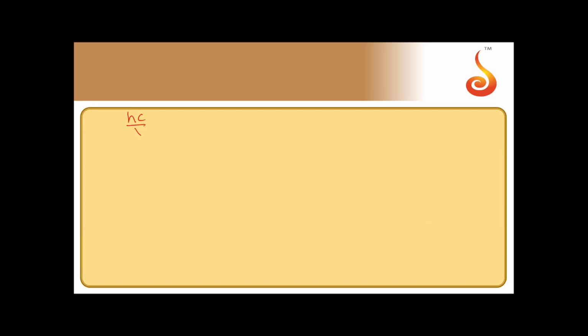When the incident wavelength is lambda, the energy of radiation is hc by lambda, that is equal to h nu naught plus kinetic energy, which is E. Now let us say the new wavelength required is lambda dash, that is equal to the work function, which is the same, h nu naught, plus the new kinetic energy, which has to be 2E.